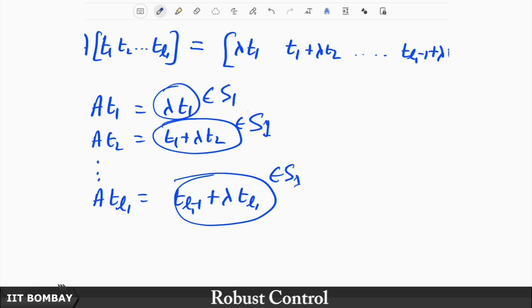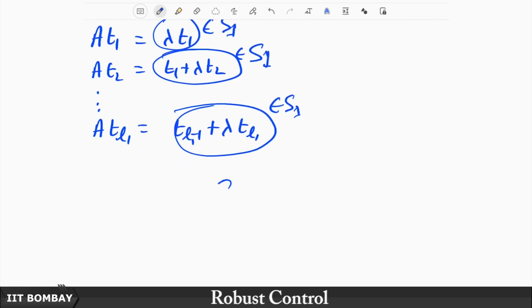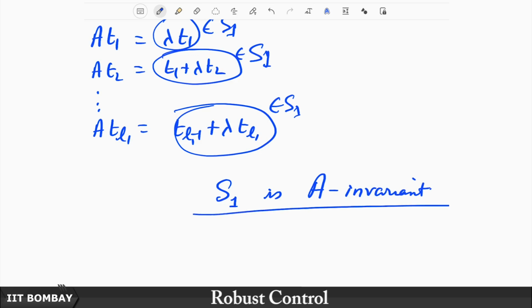What does that tell me? That tells me that S1 is A invariant. And this is a great result, because through this Jordan canonical form, I have found these subspaces that are A invariant.